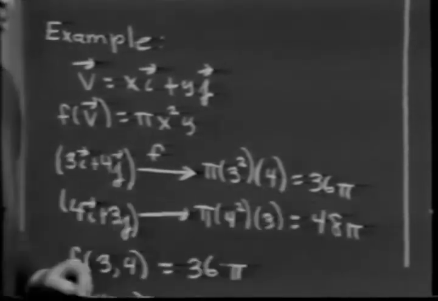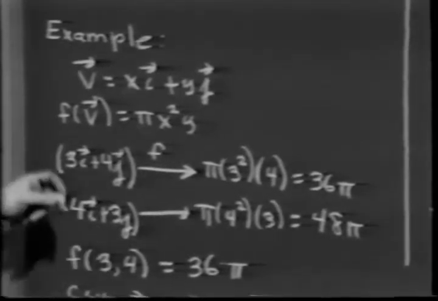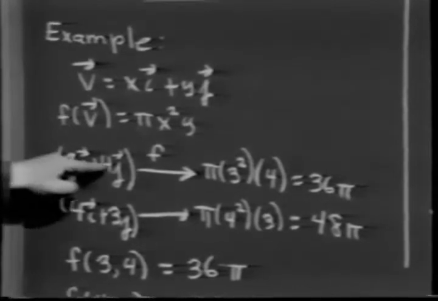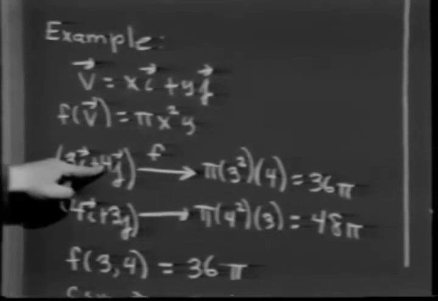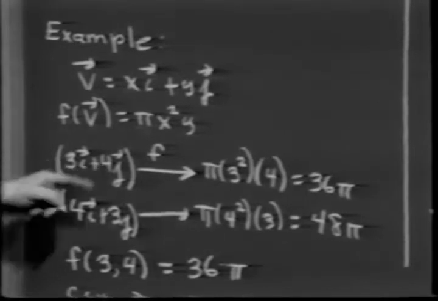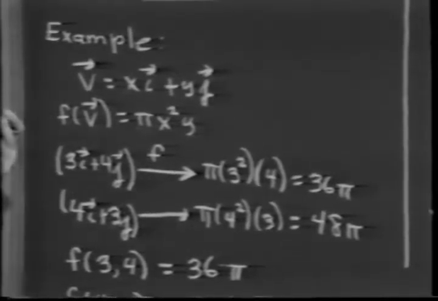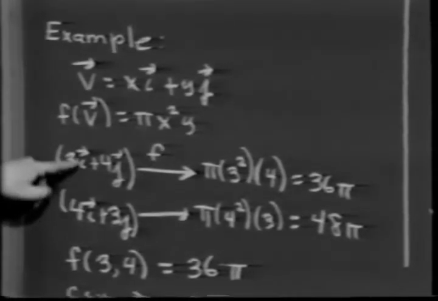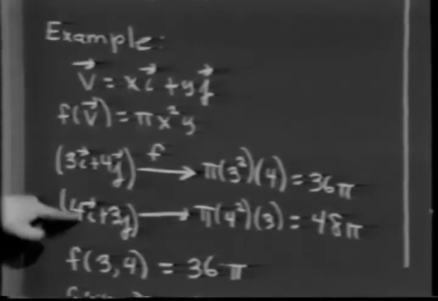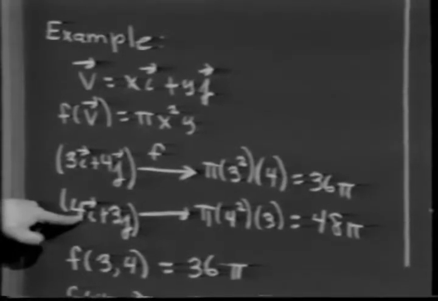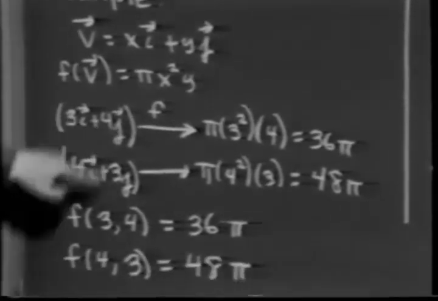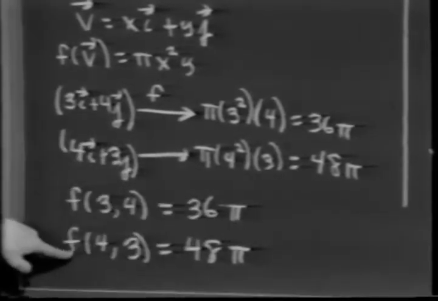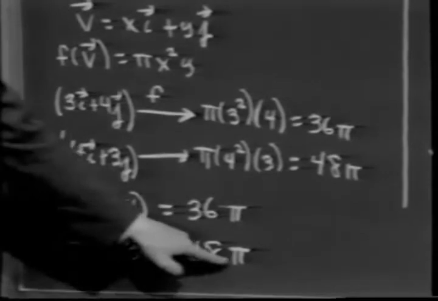and that would be 48 pi. Notice also that we have already allowed in our course the abbreviation that a comma b would represent ai plus bj, or a comma b comma c would represent ai plus bj plus ck. If we apply this shorthand notation to these two vectors, we can say that f of 3 comma 4 is 36 pi, whereas f of 4 comma 3 is 48 pi.